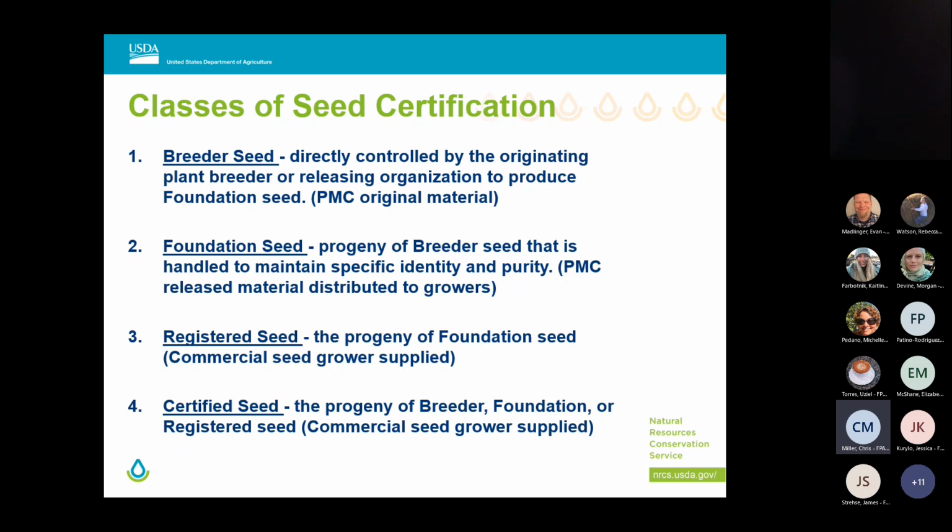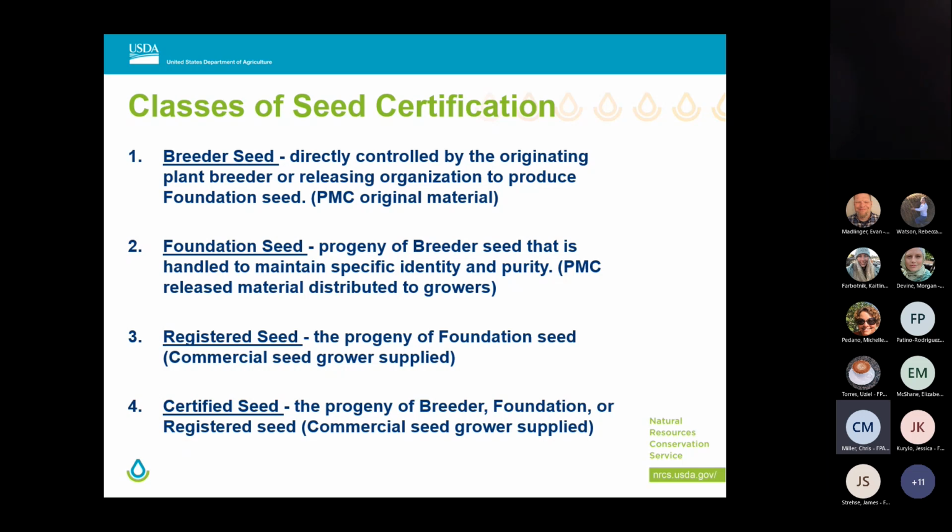We also have foundation seed growing here at the Plant Materials Center, which is the progeny of the breeder seed. And then we often distribute the foundation seed to growers also. They can either get the seed registered, or in most cases for commercial sale, the seed is sold as certified seed, if it's good quality seed.